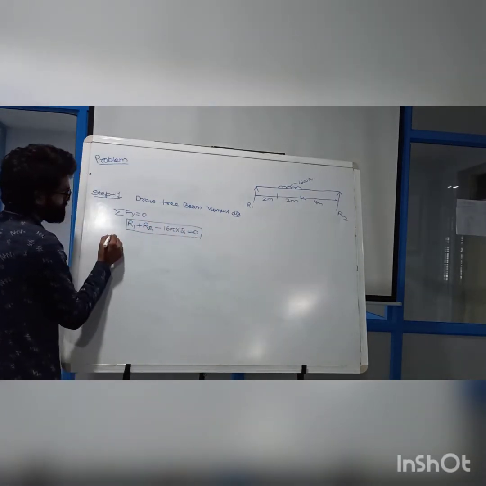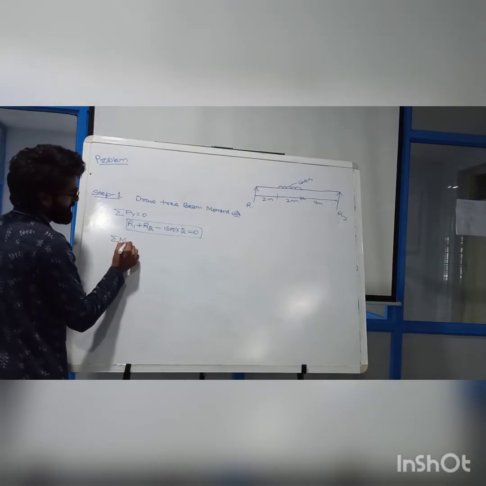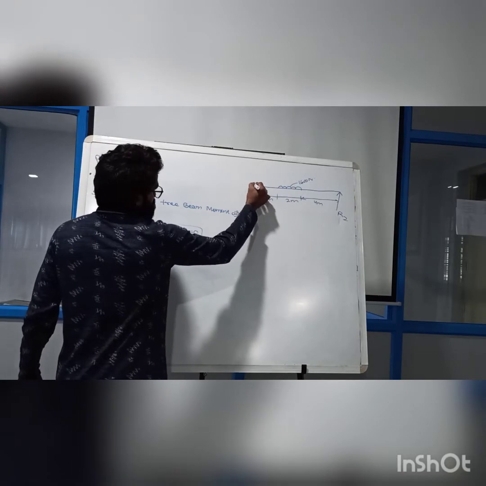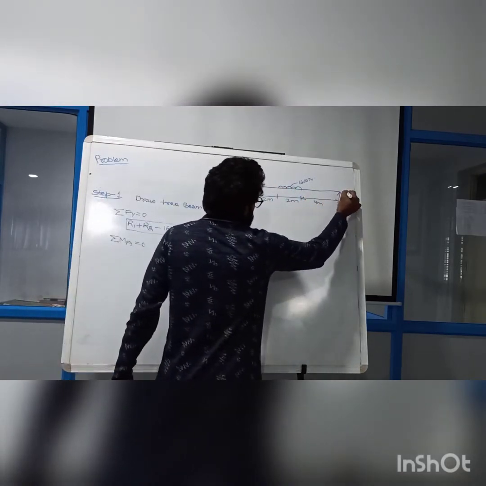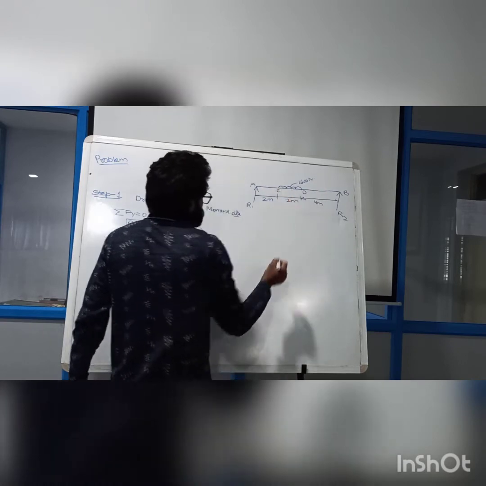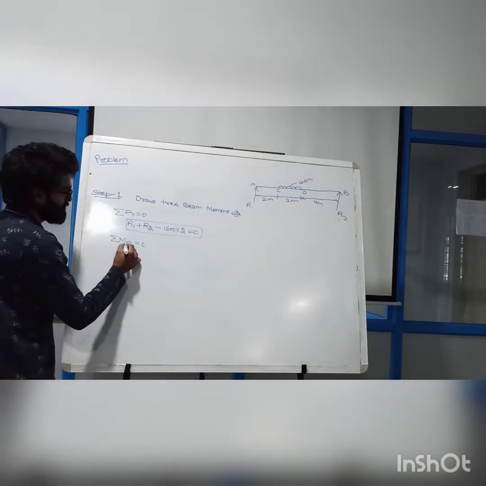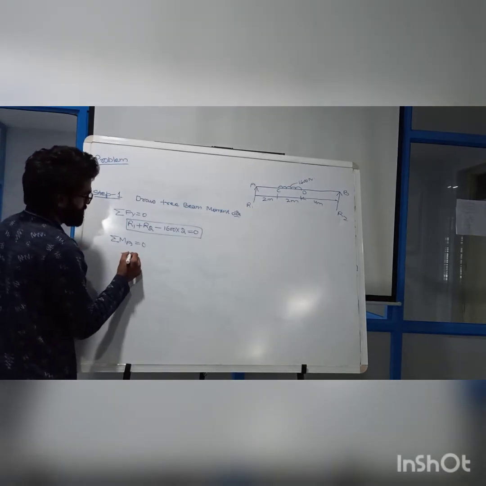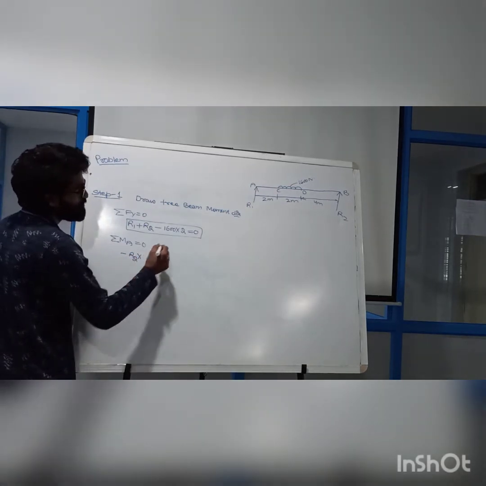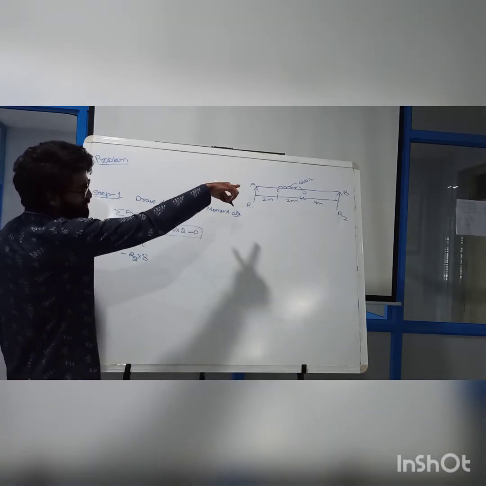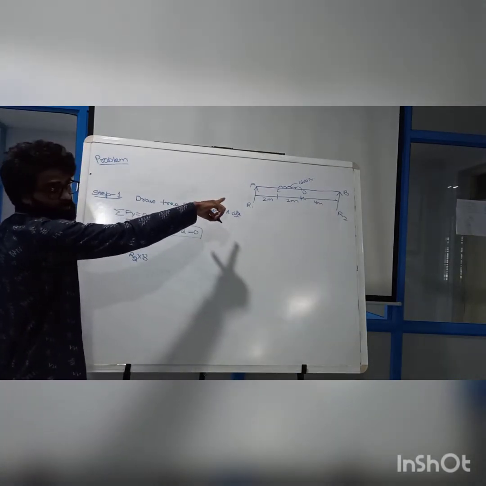And now I will solve for the moment at point A. This is point A, this is point B, this is point, for example, D, and this is point, for example, C. So let us calculate the moment. The moment will come minus R2 into the distance, you know the total distance is 8, and one more load is acting, that is the UDL.